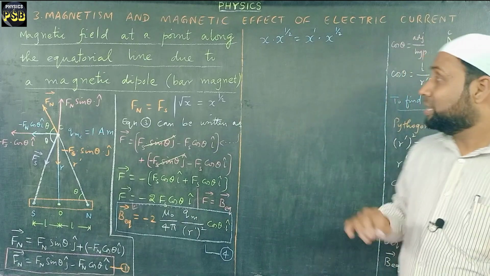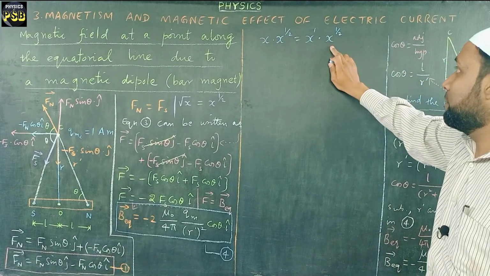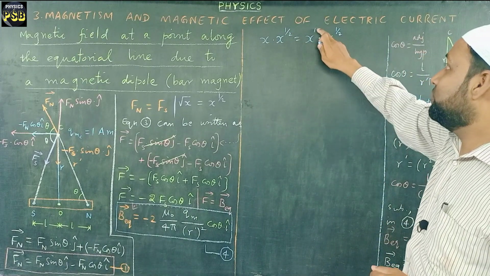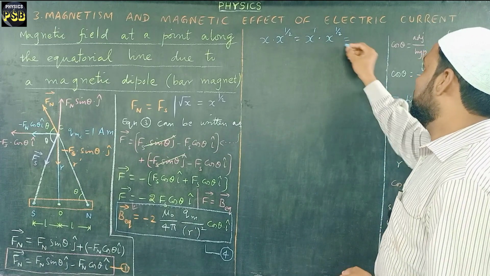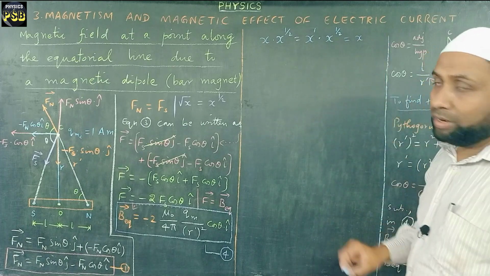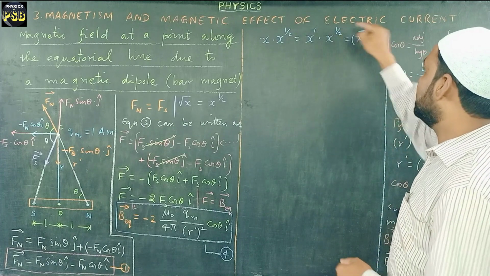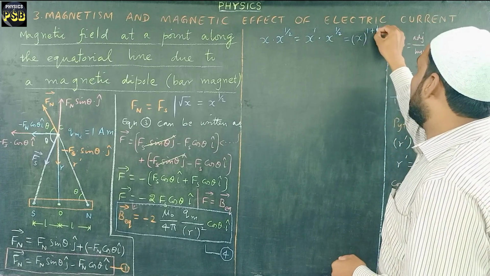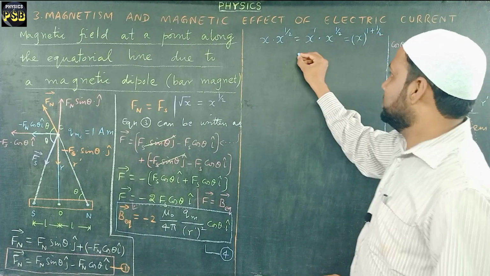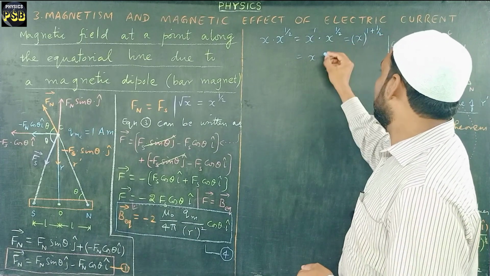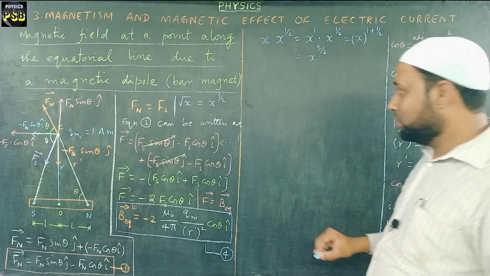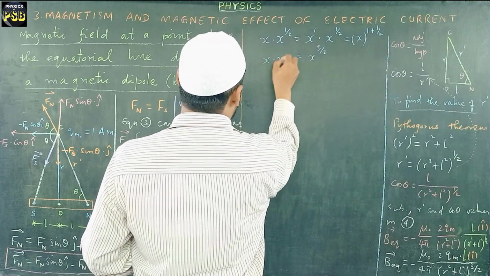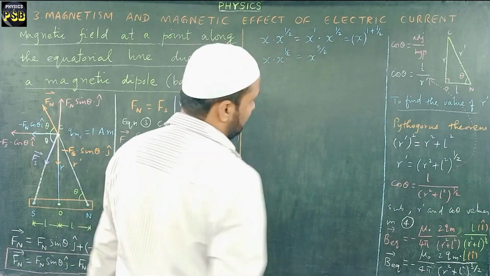When we multiply two similar terms with different powers, we take it as common and add the powers, 1 plus half. What will I get? I'll get x power 3 by 2. So x multiplied with x power half is equal to x power 3 by 2.